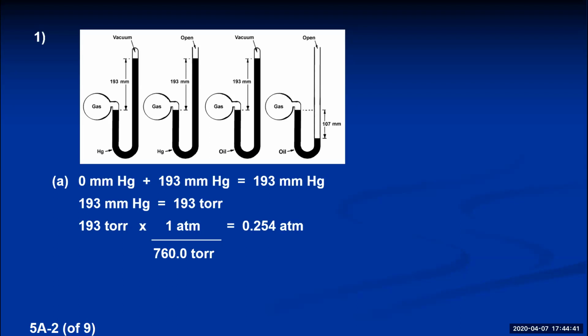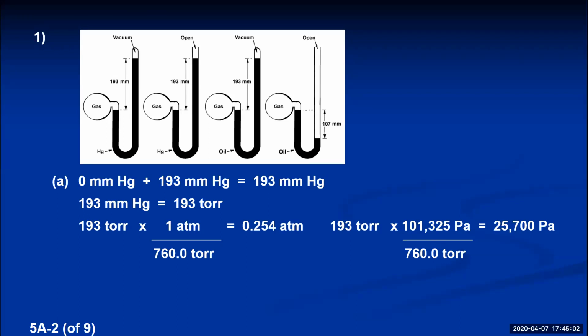So if I want to start with 193 torr, then the equality statement I can use is standard pressure of 760 torr equals standard pressure of 101,325 pascals, and that allows me to convert directly from torr to pascals. If I wanted to start with 0.254 atmospheres, I would have put 1 atmosphere on the bottom and 101,325 pascals on the top. I would get the exact same answer of 25,700 pascals. So that's your pressure in the first manometer.